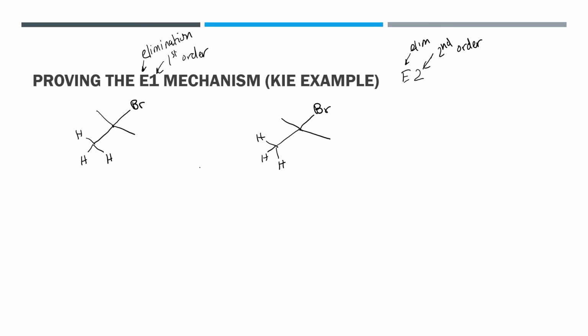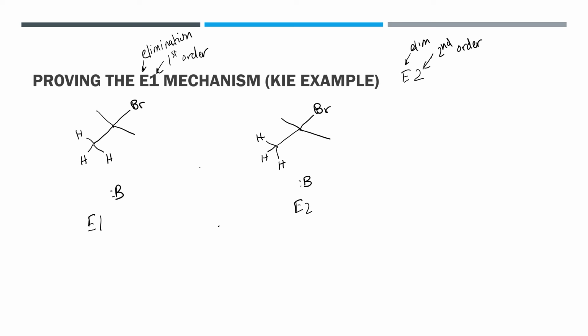Here I've drawn the same organic compound twice, and I just want to show how an E1 and E2 mechanism would occur with this specific organic compound. When I draw these diagrams, the vertices have carbons, and the hydrogens are implied, giving all of the carbons 4 bonds. So with elimination reactions, we always have a base involved. So I'm going to have the left one be an E1 and the right one be an E2.